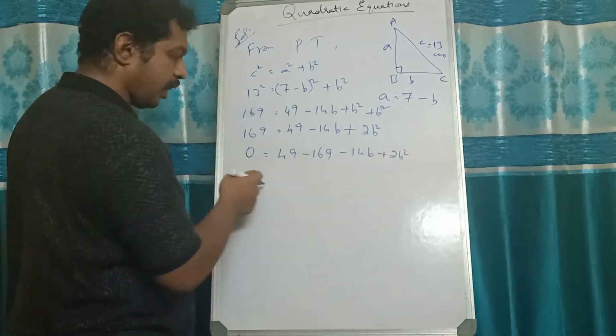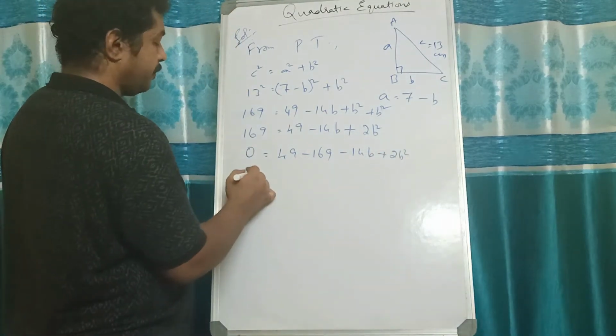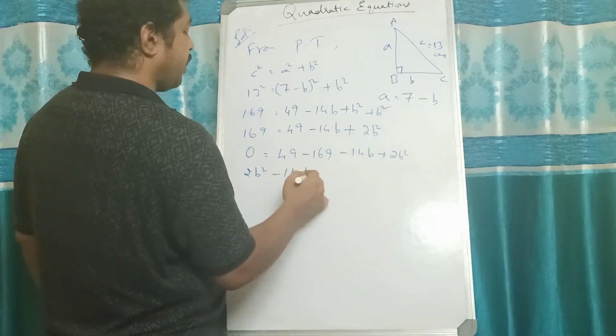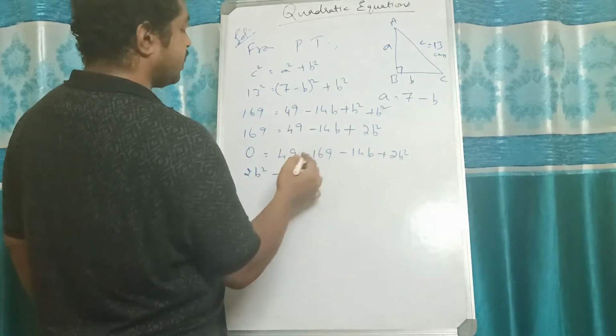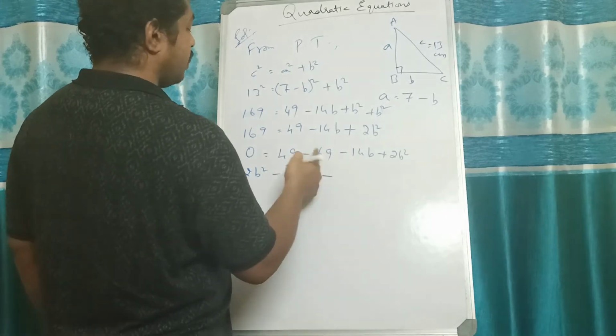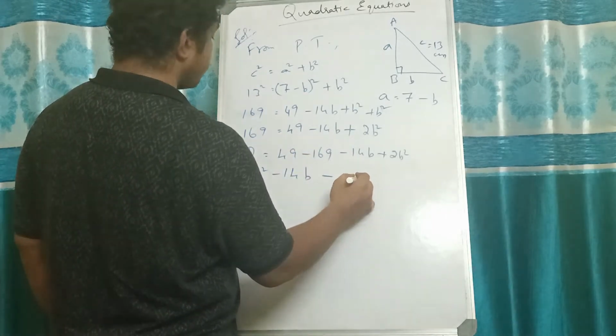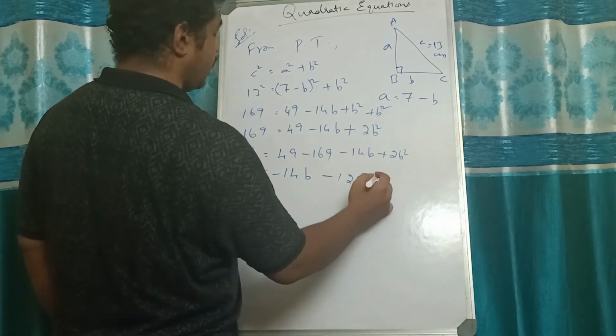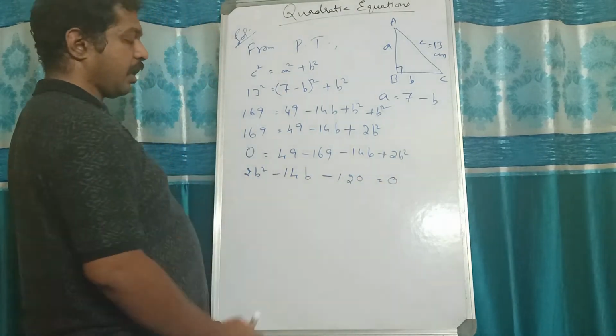If I rearrange this equation again, we get 2b square minus 14b, and then 49 minus 169 is minus 120, equal to 0. This is what I get.